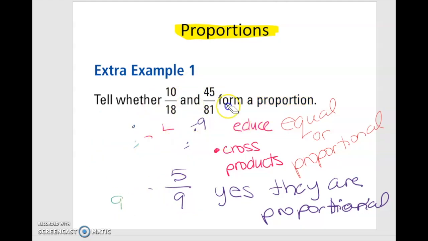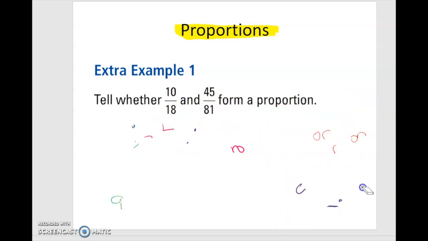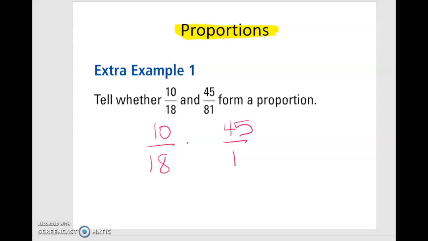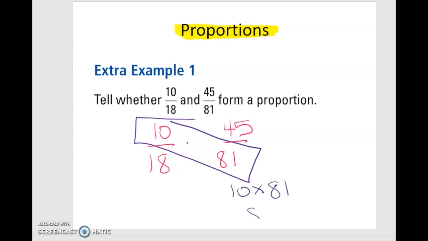Now let's take a look at the other strategy, which is cross products. Cross products is where we look at the two ratios and cross multiply. So we have 10/18 and 45/81. We would cross multiply 10 times 81, which is 810. Then we would cross multiply 18 times 45.